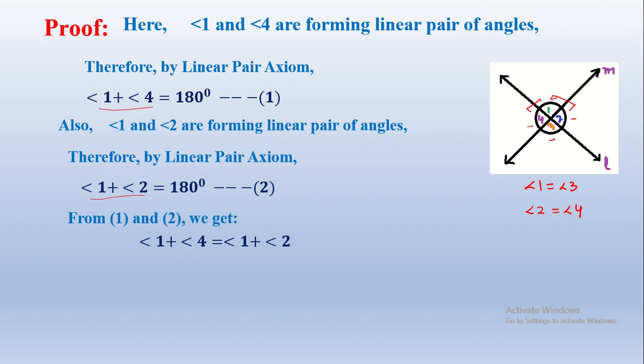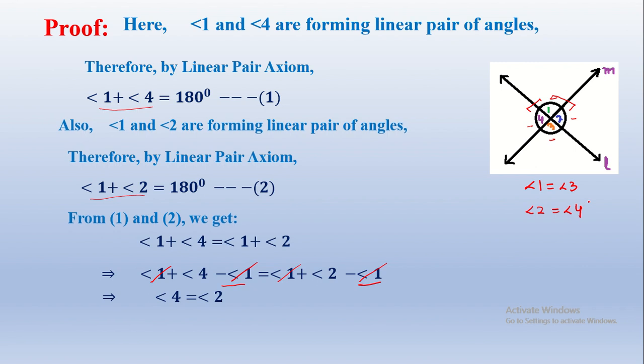Then we also know from axiom third, if equals are subtracted from equals, the wholes are also equal. So we will subtract angle 1 from both sides. Here plus angle 1 and minus angle 1 will be cancelled. Similarly, plus angle 1 and minus angle 1 from the right side will also be cancelled. So we are left with angle 4 equals angle 2.